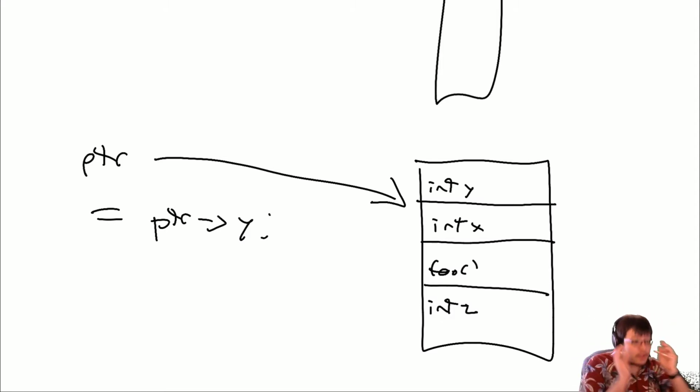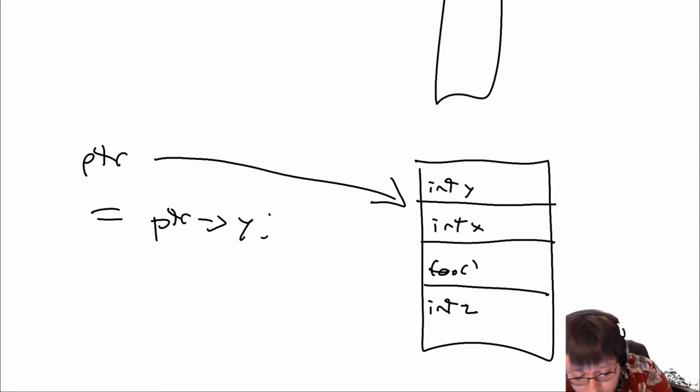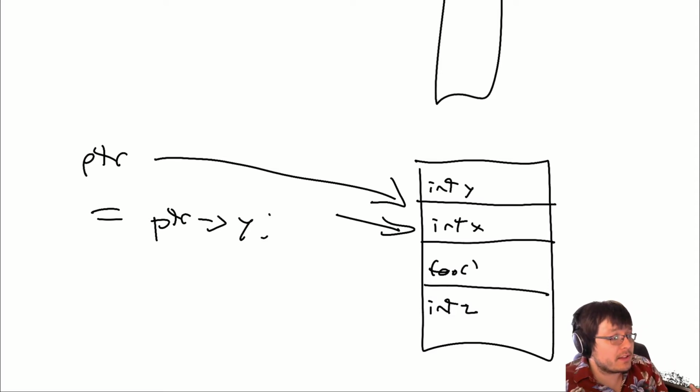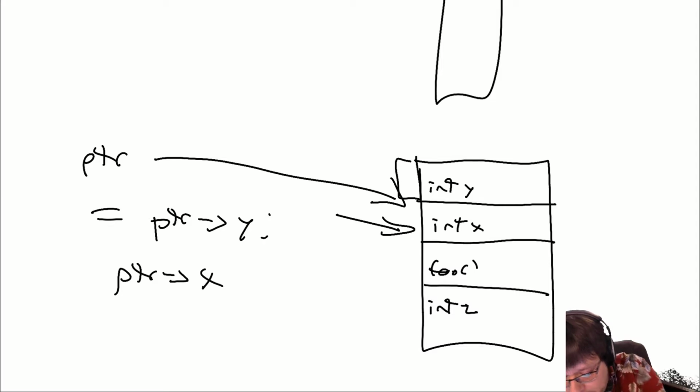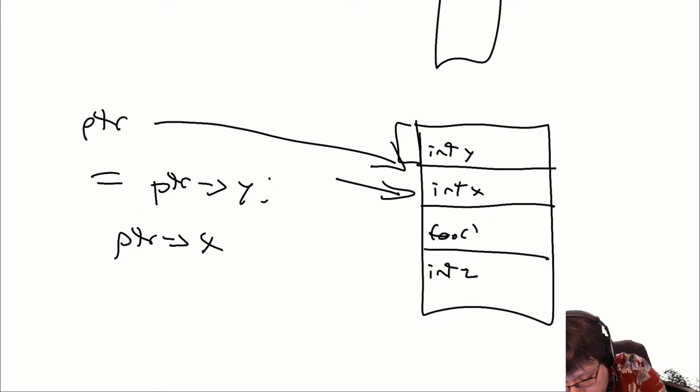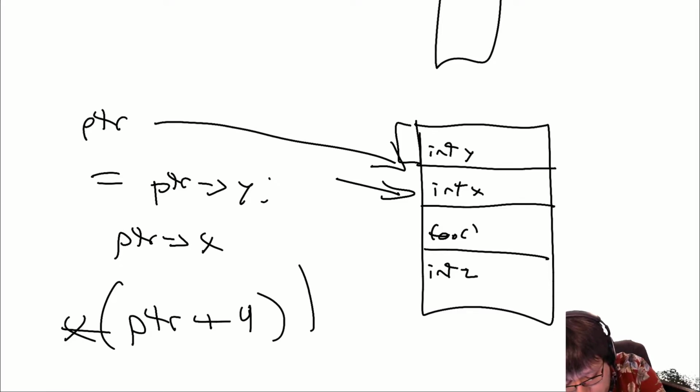If I want to access PTR x, which is kind of what you did in assignment 6, you just have to add the space that y takes. If y is an integer, it takes 4, so you could go ahead and do PTR plus 4. And that is going to be basically the same thing as this.